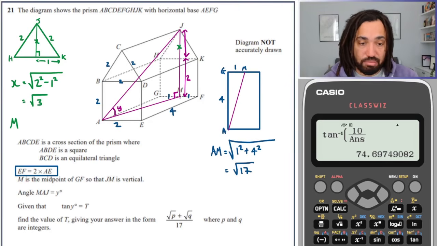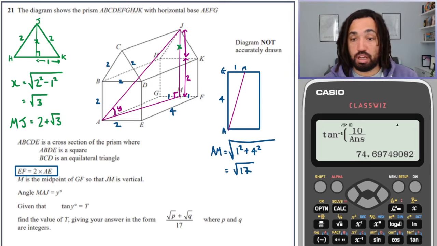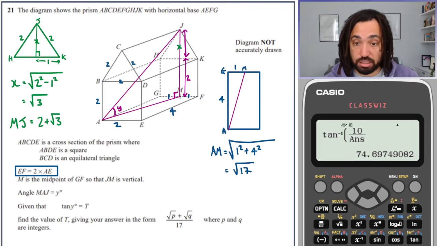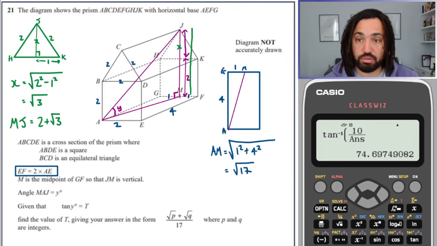Okay, so that means that M to J is 2 plus the square root of 3. Because we have to add this bit here, 2, and then that part is x, which is root 3.